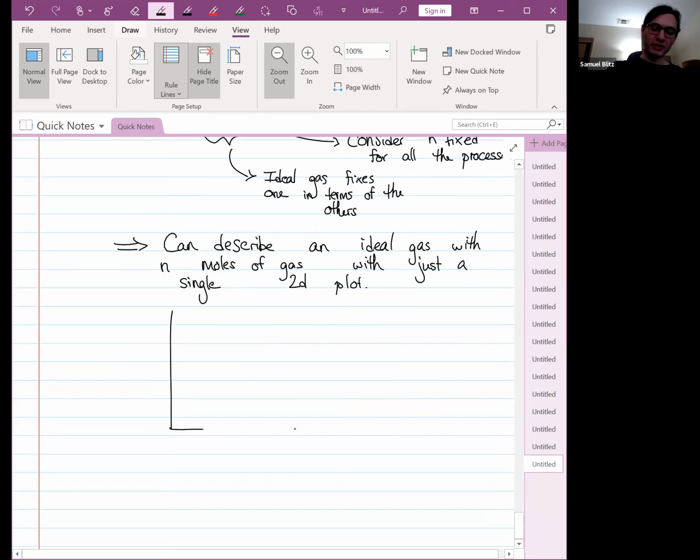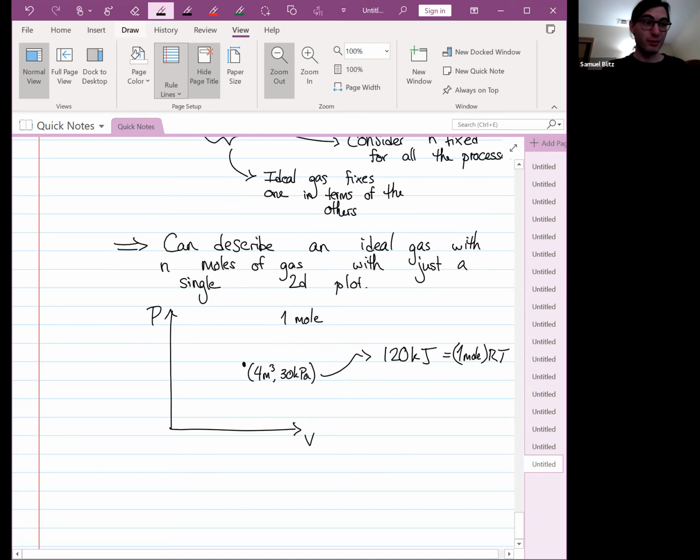So an example of this would be the example from before. We have, say, 4 cubic meters and 30 kilopascals, volume and pressure. By the way, these are always in the upper right quadrant because these things are never negative. And let's say that we have 1 mole. Then we can use the ideal gas law and find that 120 kilojoules, cubic meters times kilopascals is kilojoules, equals 1 mole times RT.